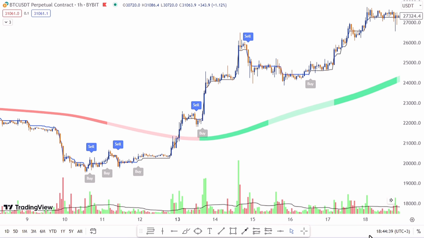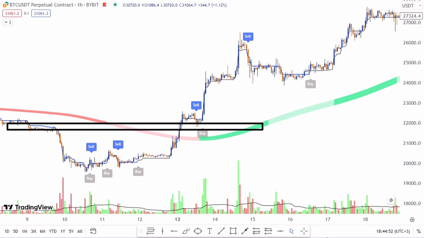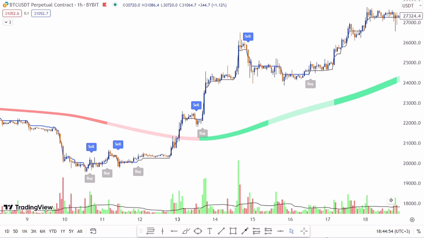its upward trajectory. Moreover, we noticed that the point at which the price began to reverse its direction had previously acted as both a support and resistance level. This historical significance lends more weight to the current price movement and suggests that the market sentiment could favor a continuation of the bullish trend.